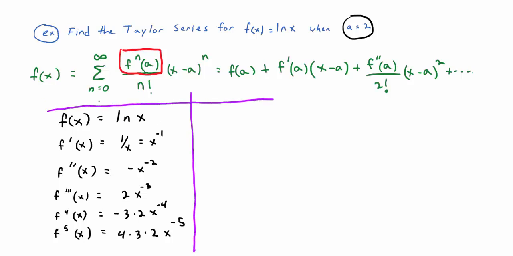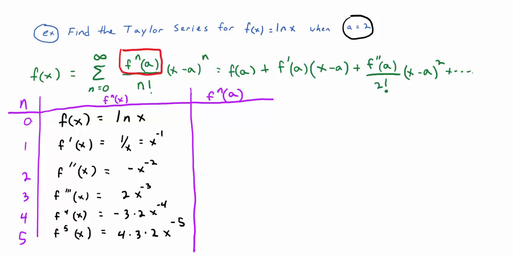On the left side of the table, this is the nth derivative evaluated at x, so not really evaluated. And of course, if you wanted to put in another column, n is 0, 1, 2, 3, 4, 5, and then we want the nth derivative evaluated at a.